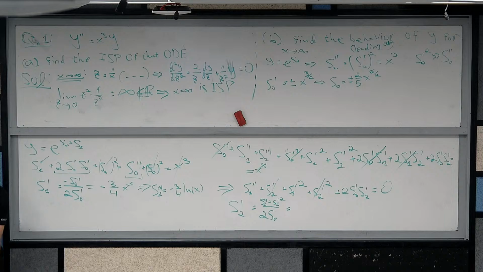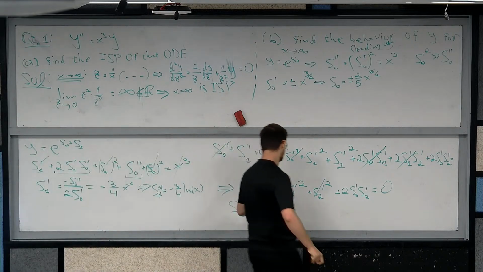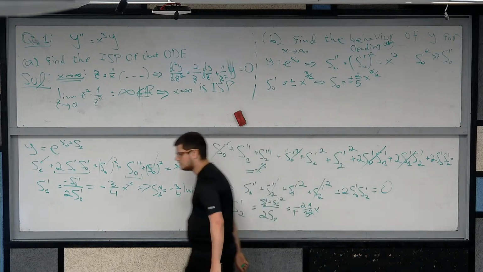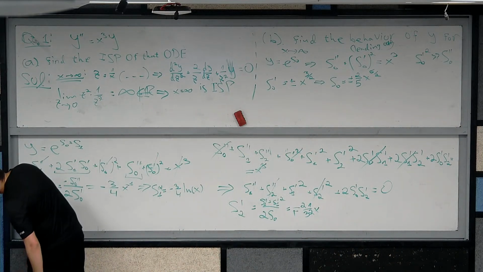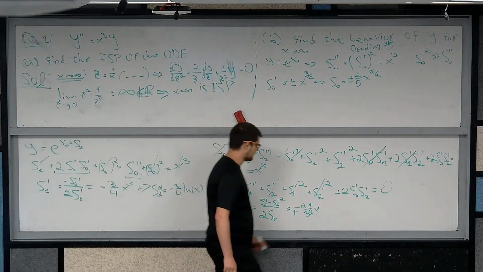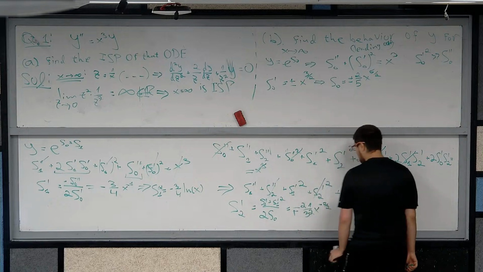Minus plus 21 divided by 32, x to the minus 7.5. Horrible.